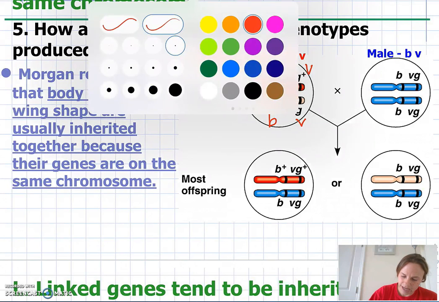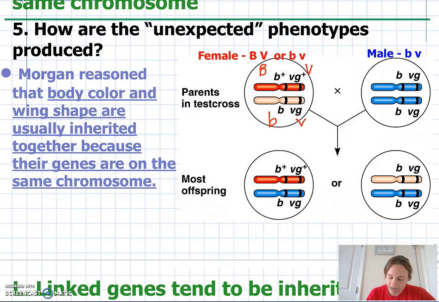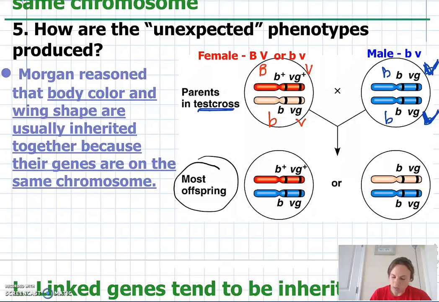And if I look at Dad, he only had the recessive allele for both traits, because that's what a test cross is, where you cross something with something else that you know is recessive for both traits. And what Morgan observed in most of the offspring was this parental phenotype.